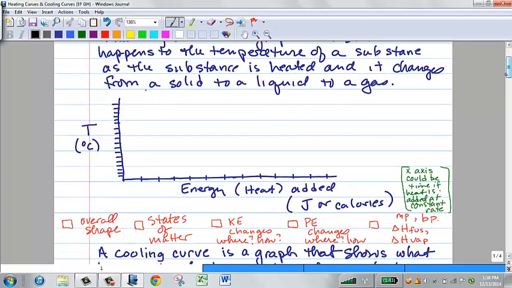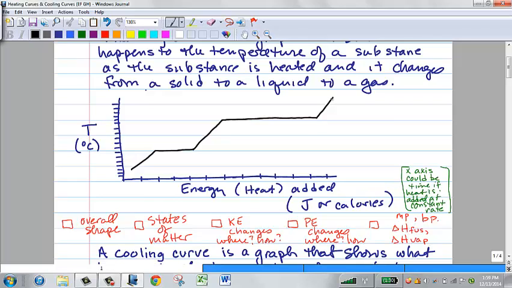The first thing that you should know about these heating curves is that they always have the same shape. So if I make a heating curve, it's always going to start off low, where the temperature is low. It's going to have an upward slant, followed by a plateau region, followed by another upward slant, followed by another plateau region, which is typically longer than the first one, followed by another upward slant.